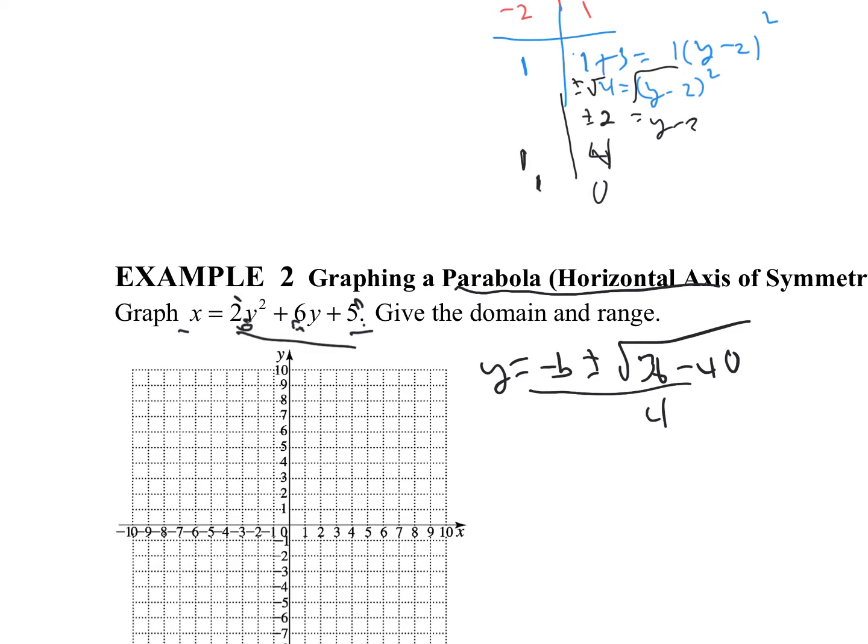Well, that didn't help a whole lot, because look at my discriminant. Here I got excited for no reason at all to use quadratic formula or completing the square. It's going to be the same thing. It is minus 6 plus or minus the square root of negative 4 over 4.